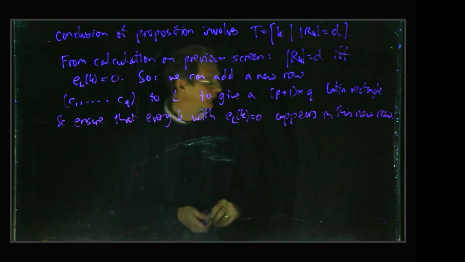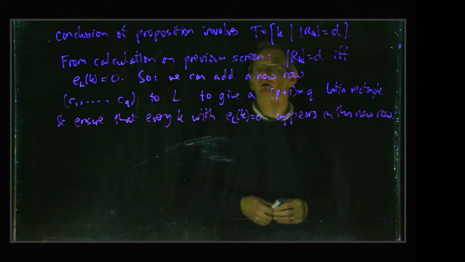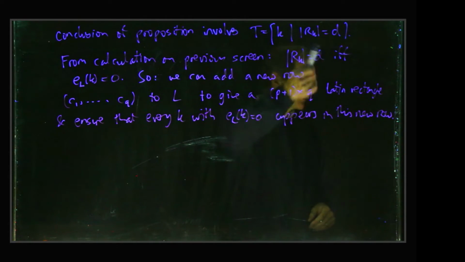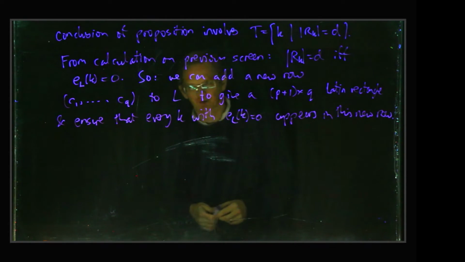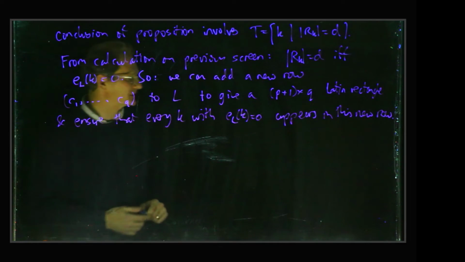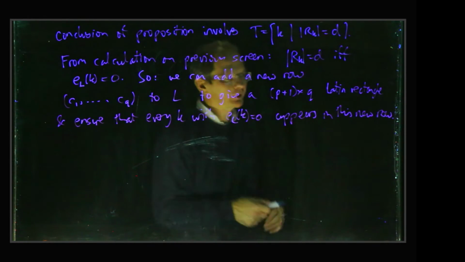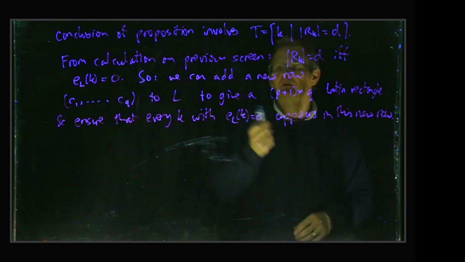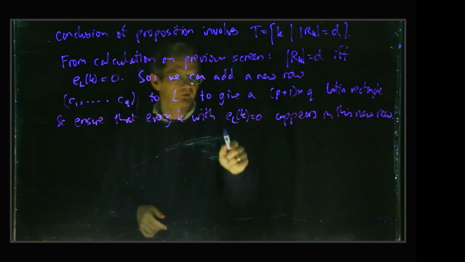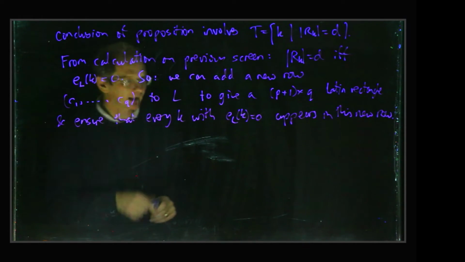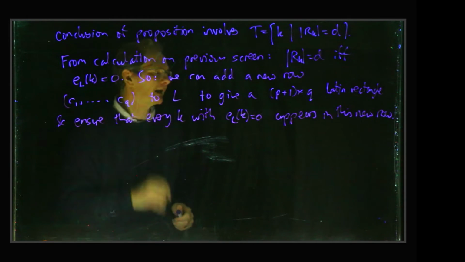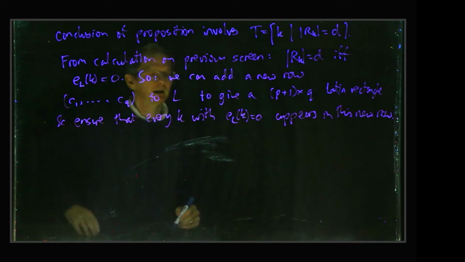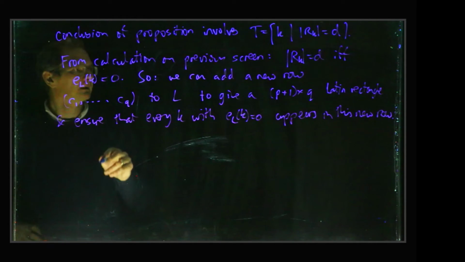And that was what the conclusion told us. It said that these corresponded to talented people. Every talented person gets a job. People appearing in this new row are the people who get a job, as it were. So we conclude that all these entries with ELK equal to 0 are all going to appear in this new row.